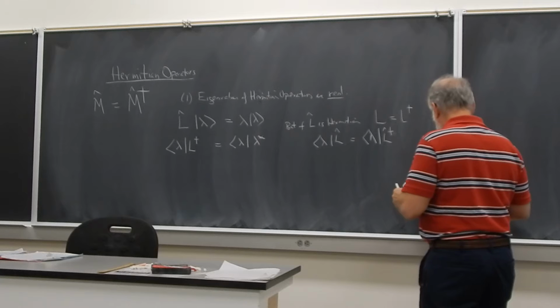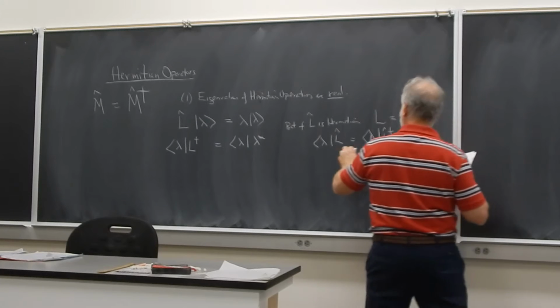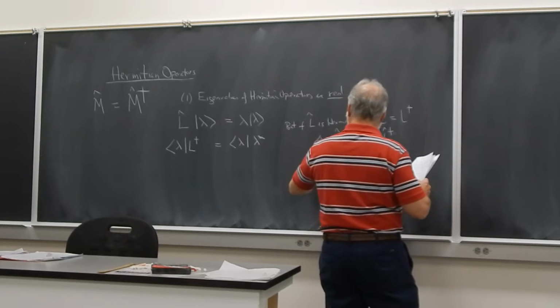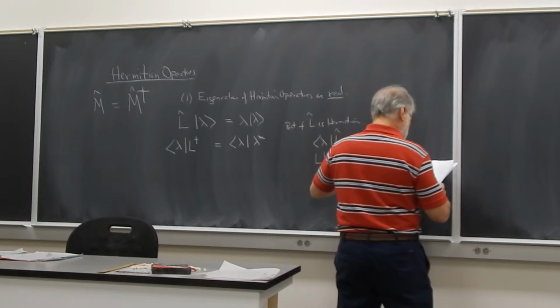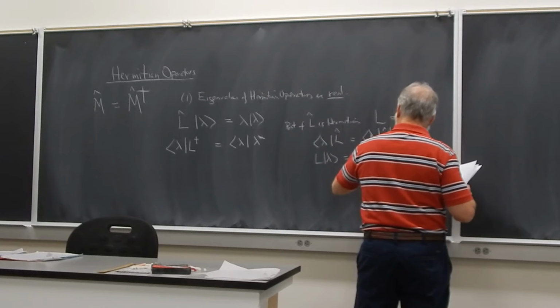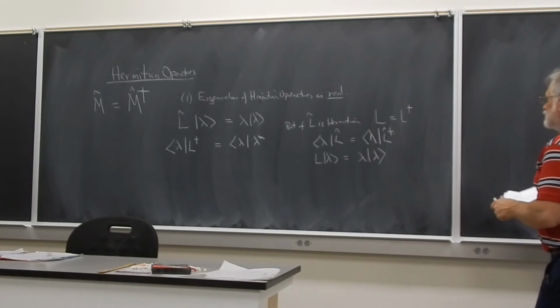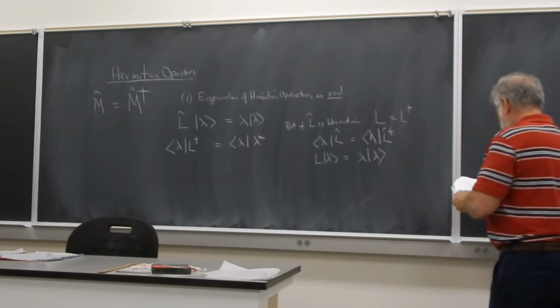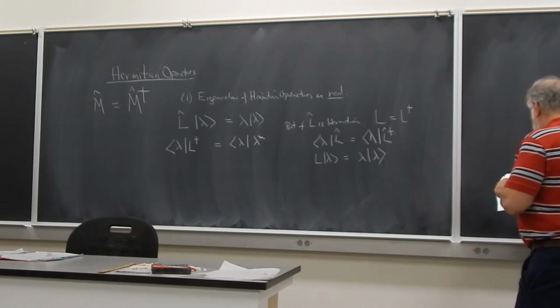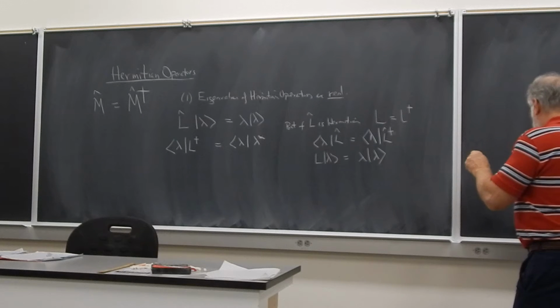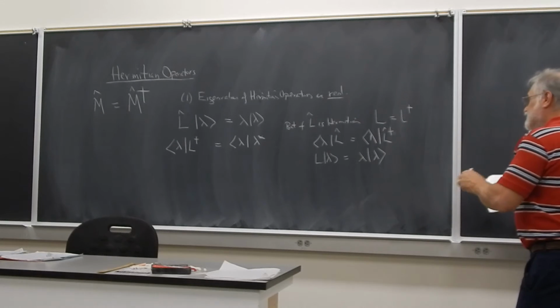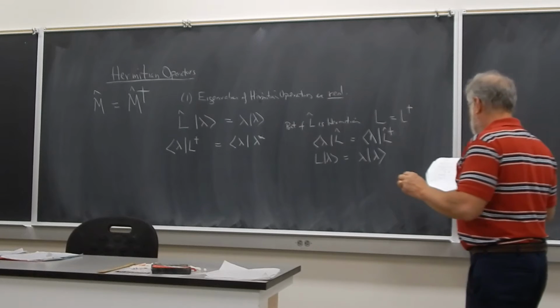So what I can do is I can also say that L ket lambda is equal to lambda times ket lambda. That being the case, if I multiply the first expression by ket lambda and the second expression by bra lambda, notice what I get.